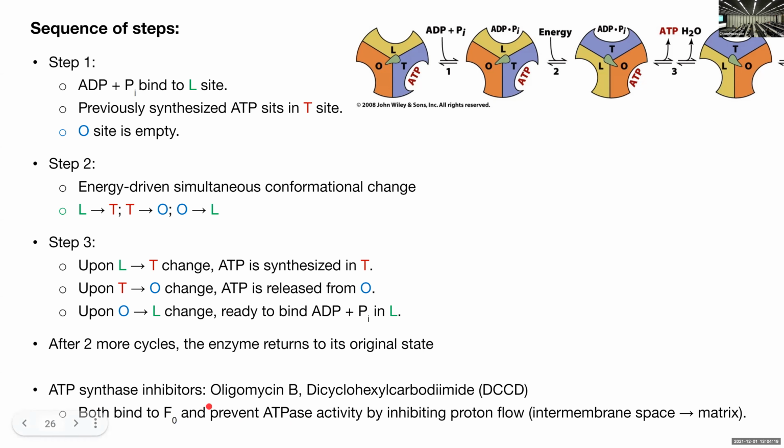They bind to the F0 and prevent the ATP activity, and it's all about using or not using the proton gradient. So it inhibits the proton going through F0 to the F1 of the ATP synthase.